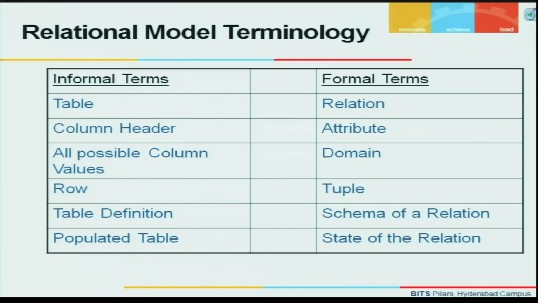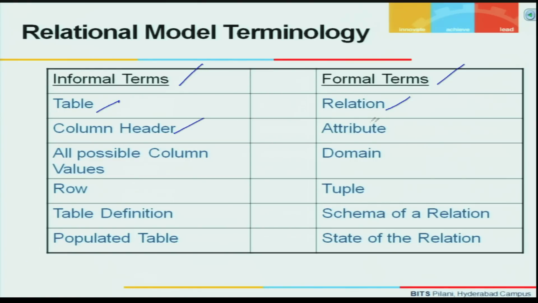Now we need to be very, very careful about the terminology that is used in the relational model. The informal terminology is given in the first column and next we have given the formal terminology that needs to be used when we are talking about the relational model. The informal term is table, which we call a relation or relation instance. We will be using both terms interchangeably.